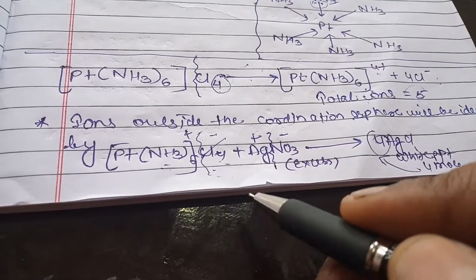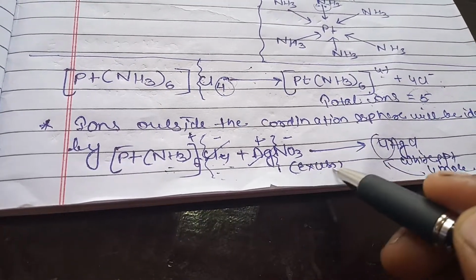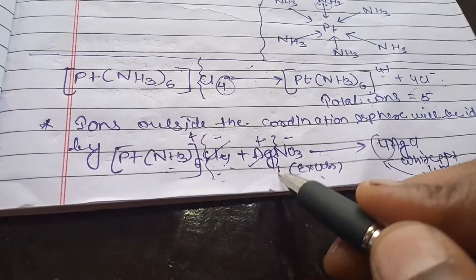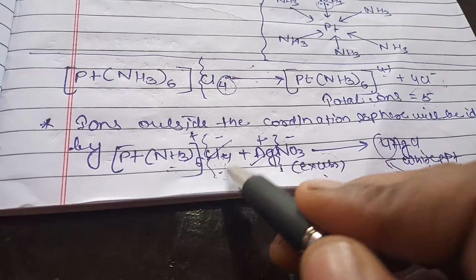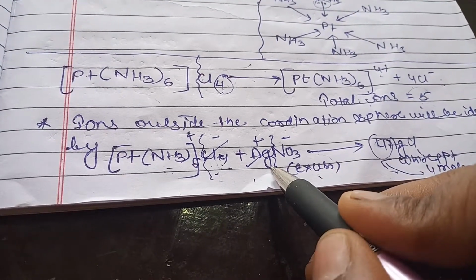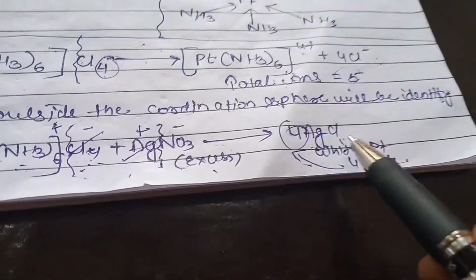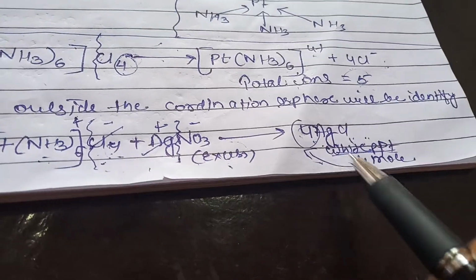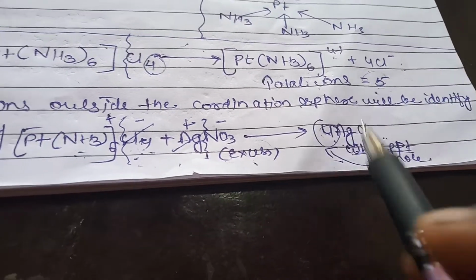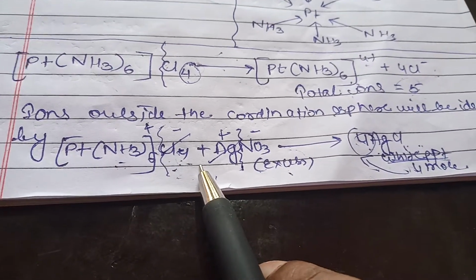Therefore the Cl minus ions get attracted towards Ag plus. As the amount of AgNO3 is more, we get 4 moles of AgCl, because Cl over here is 4, hence it has a strong tendency to attract 4 Ag plus ions and results in the formation of 4 AgCl salt. When this AgCl salt is formed, we see a white precipitate, and these 4 moles of AgCl indicate that outside the coordination sphere, the number of Cl minus ions is 4.